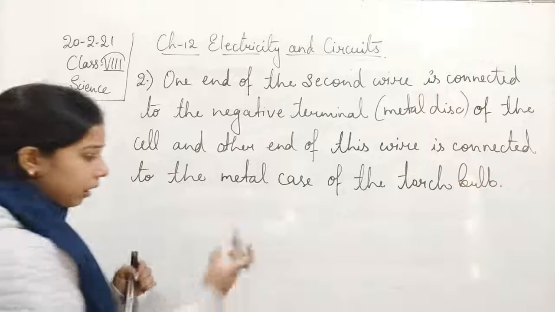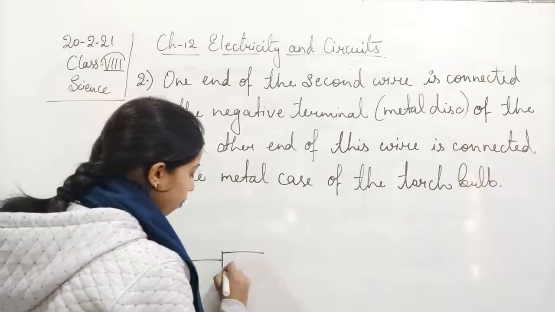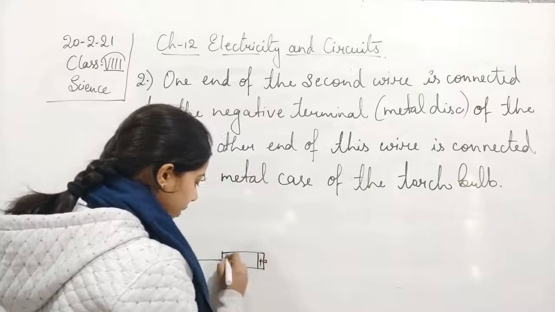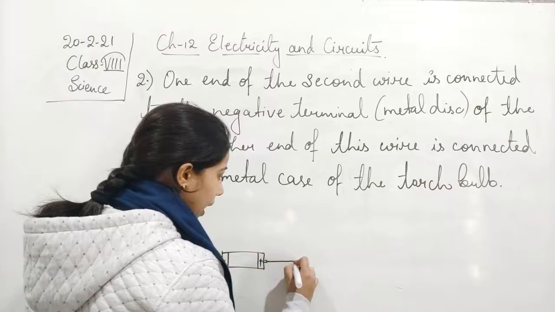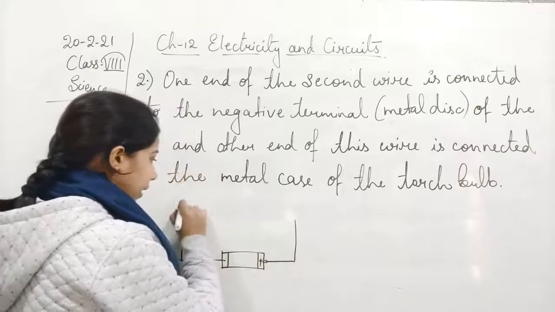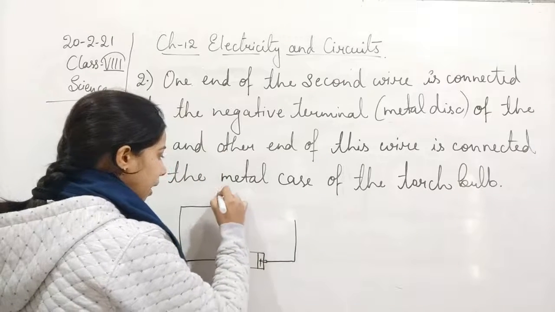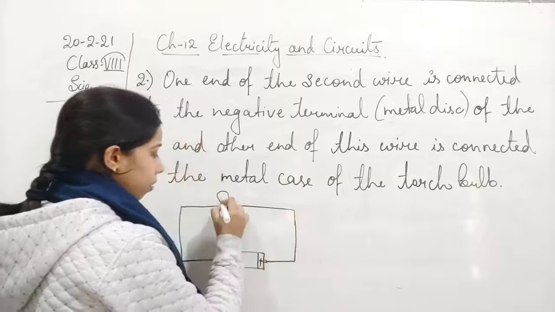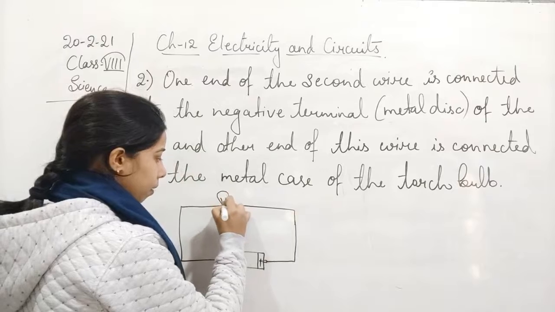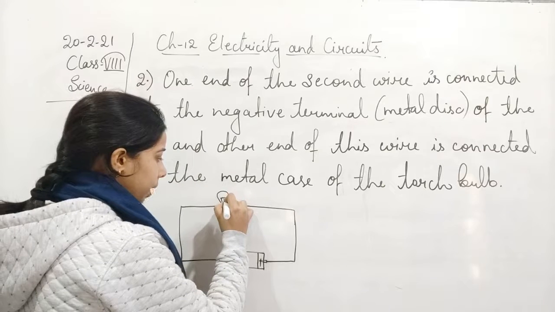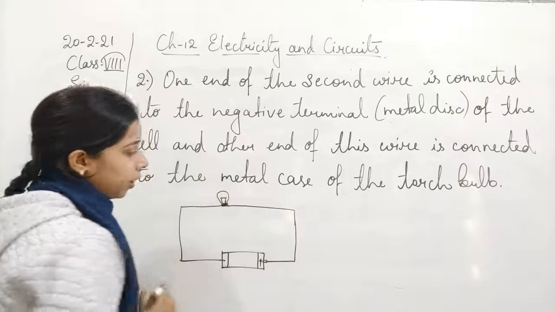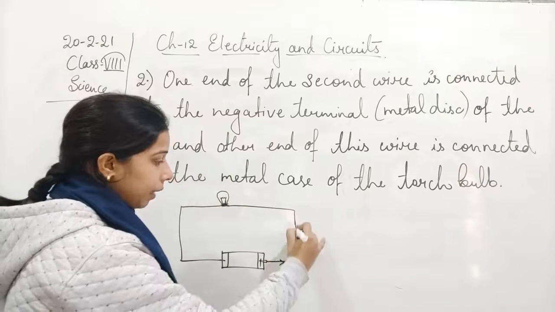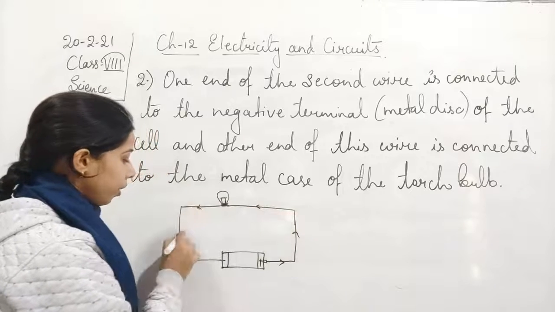As we have seen here also, students, suppose this is a dry cell, this is the positive terminal, this is the negative terminal, and this one is the connecting wire connected to the bulb itself. If this is a bulb, students, the electric current is flowing like this.